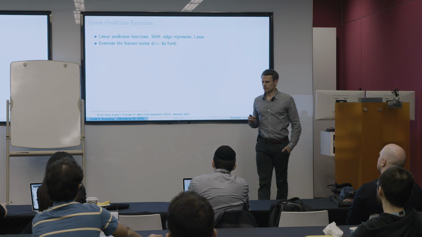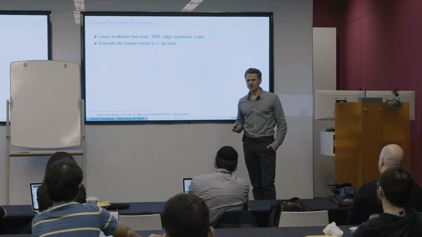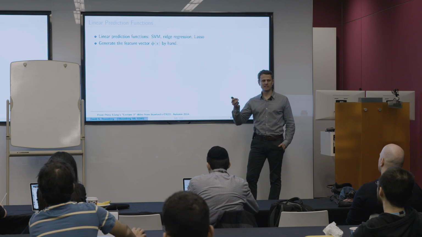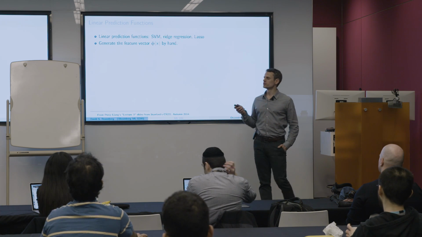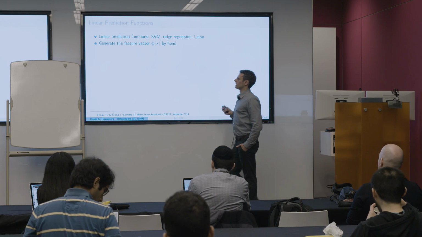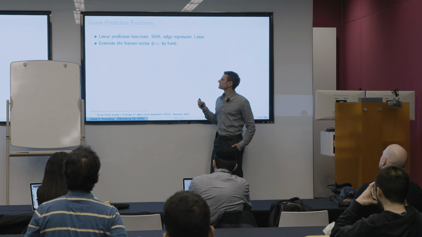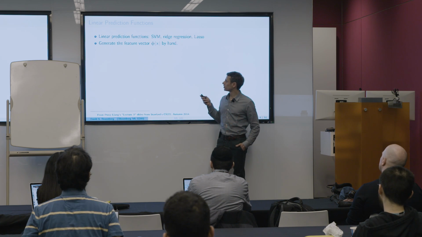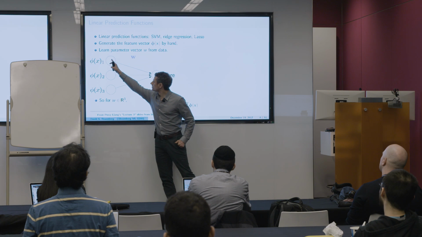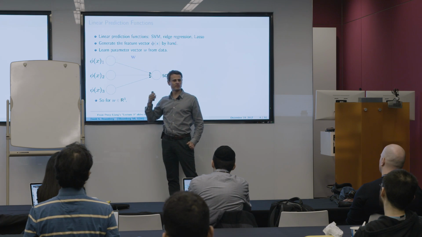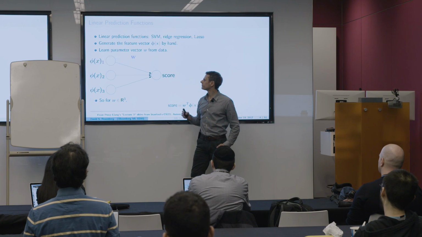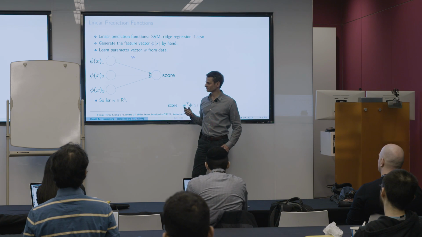All right, so to introduce some of our notation and concepts, let's start simple, with the linear prediction functions that we've spoken about so many times. Support vector machine, ridge regression, lasso, all examples of linear predictors. Let's start by coming up with a feature vector, phi of x, and we'll denote each coordinate of the feature vector, there are 3 features, as a different node in a little directed graph, which we'll call a computation graph.